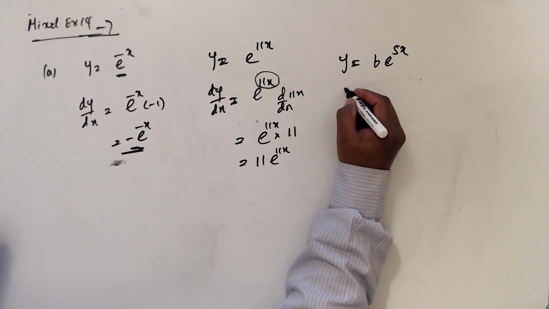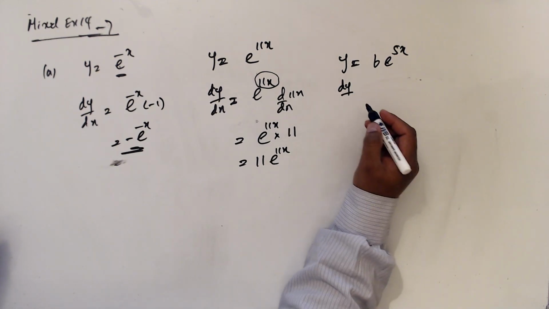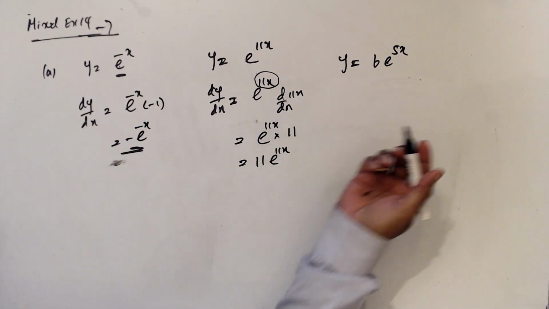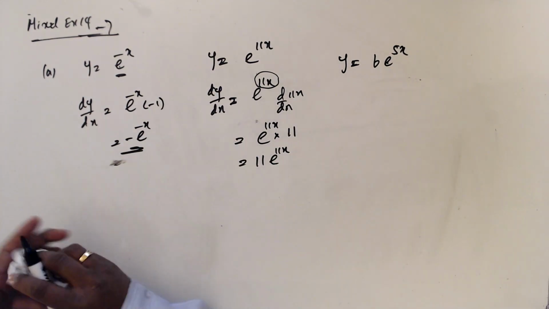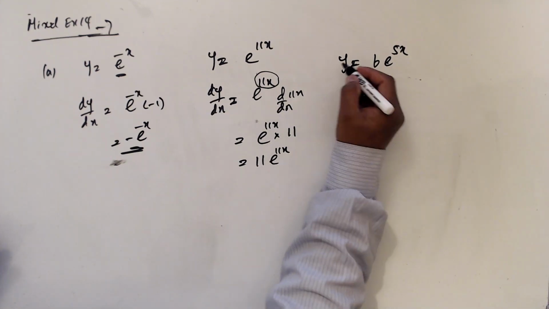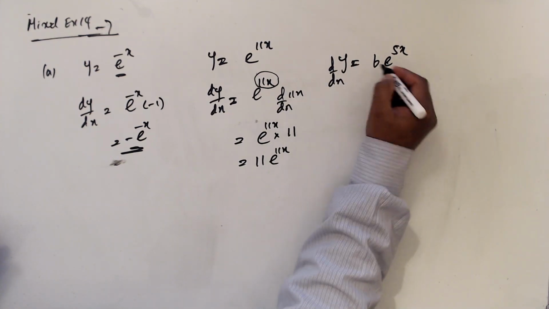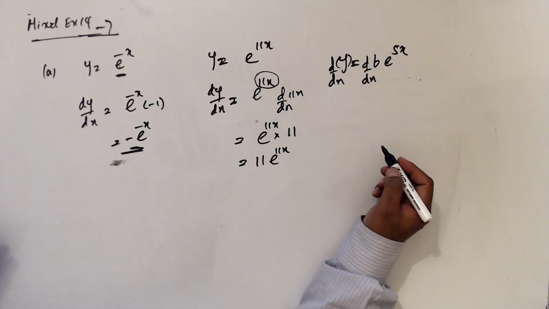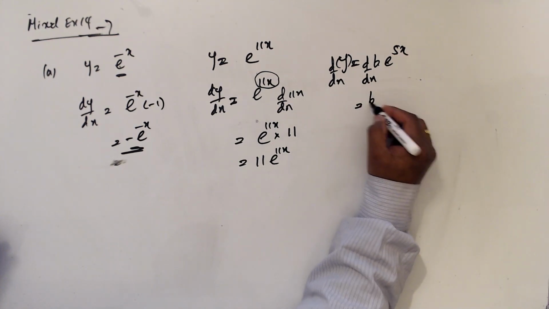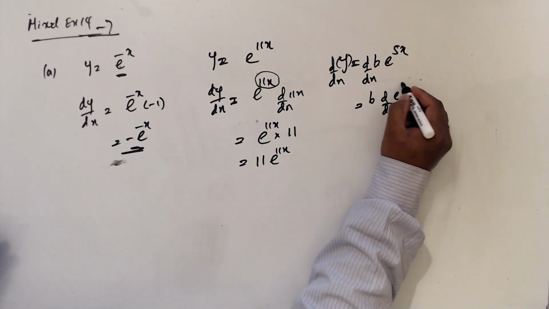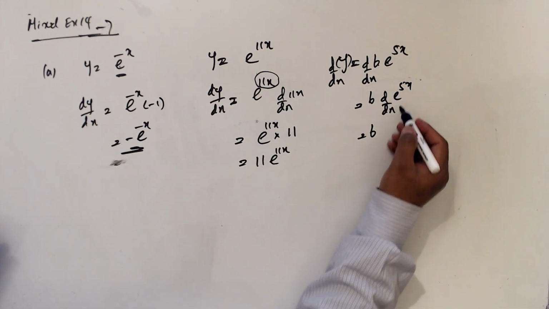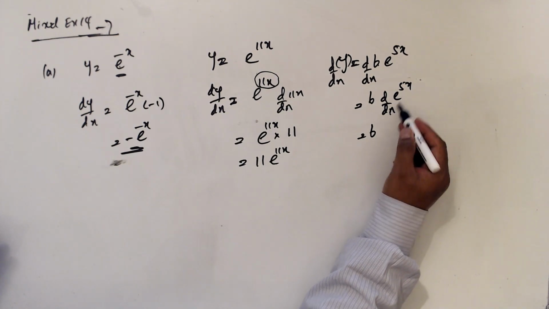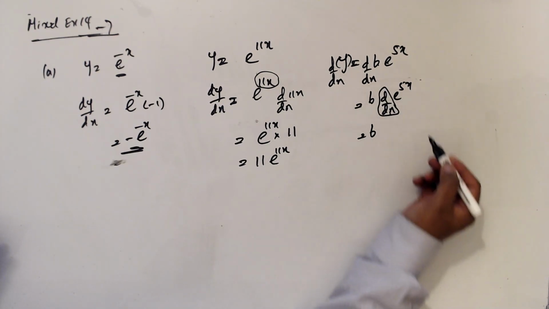If I do it again in detail, dy over dx. I bring the operator d over dx on both sides. Then this is going to be 6, I will take out d over dx of e to the power 5x. Then what is this command? It is differentiate.